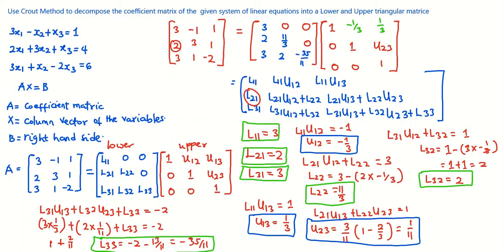So let's clean that and then bring our 1 on 11 here. So this will be the upper triangular matrix, and this will be the lower triangular matrix. If you find the product of these two matrices, you're expecting that you get this matrix A here. So this is how to use the Crout method to decompose a matrix into an upper triangular matrix and a lower triangular matrix.